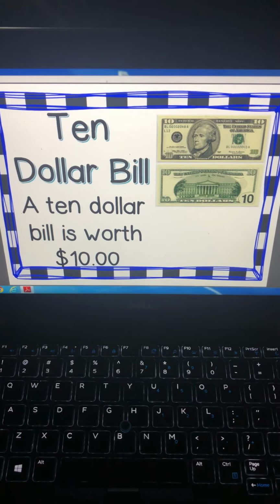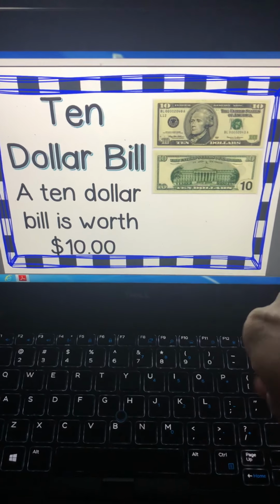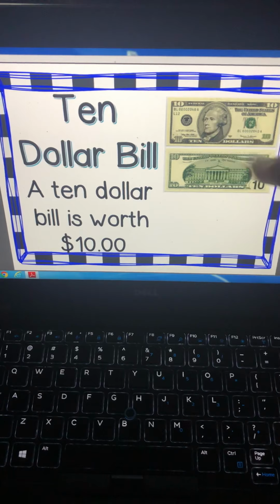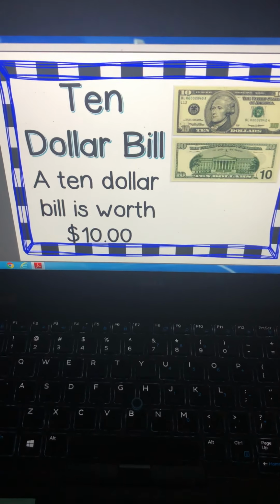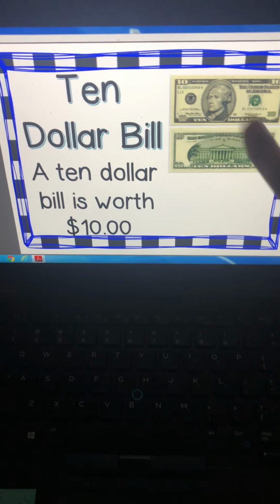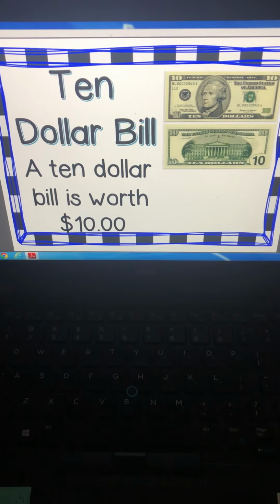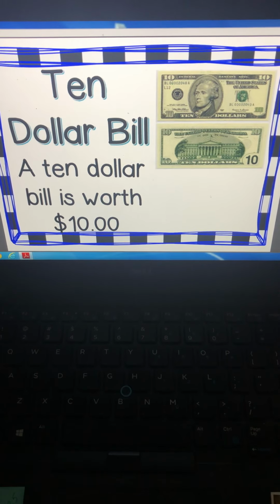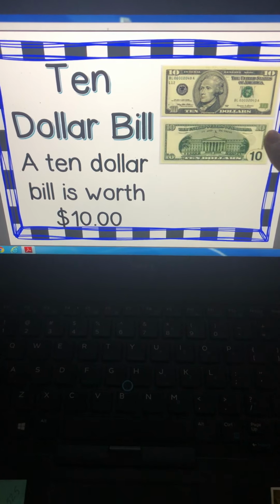Then we move to the next denomination, which is a $10 bill. On the $10, we have Hamilton on the front, and we have a structure on the back. Again, we have the numbers that show the value of this bill. And this bill is worth $10, and it's written out in words as well.